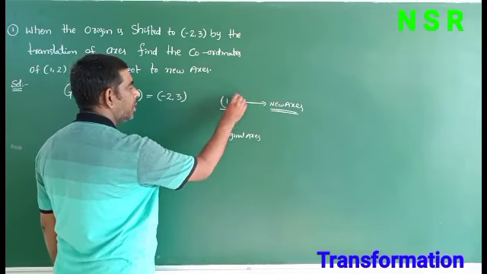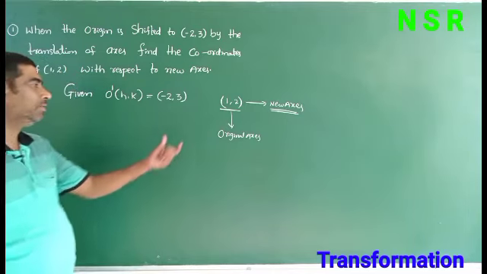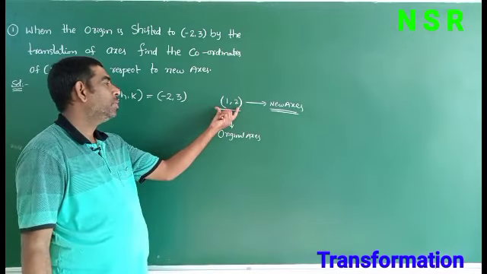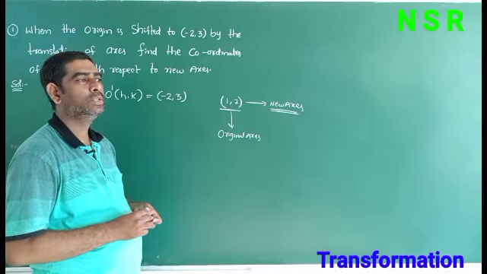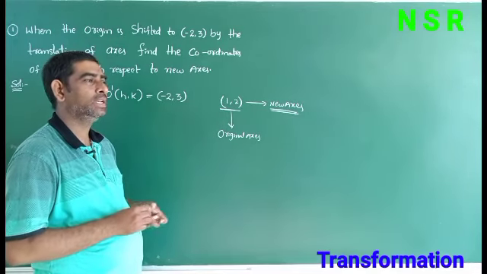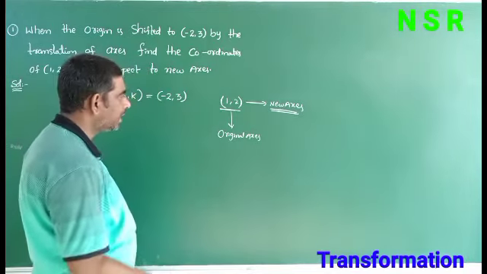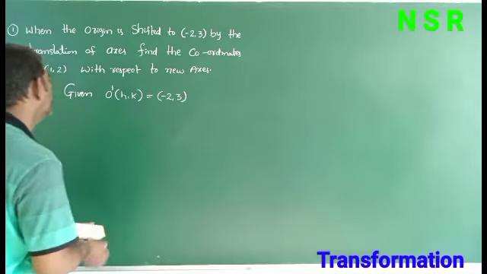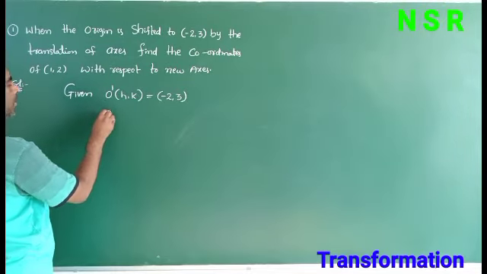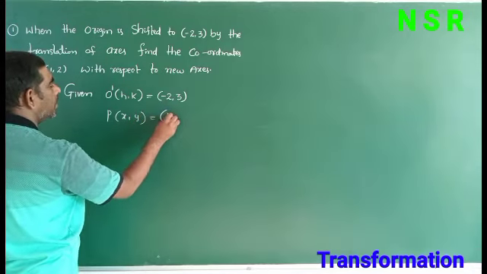This given point is in the original axes. So given the position of a point P (1, 2), we can find the position point P dash (x dash, y dash). Now we have to find x dash, y dash. Here the given xy coordinates are P (x, y) equal to (1, 2).